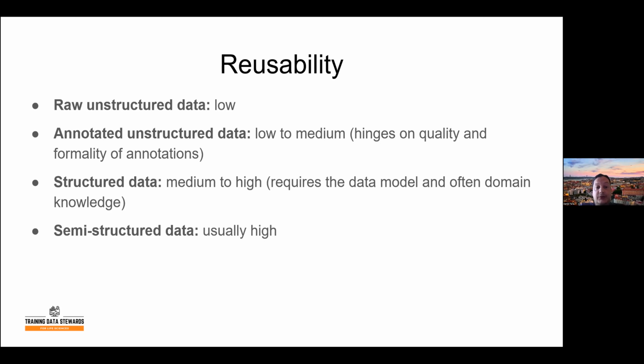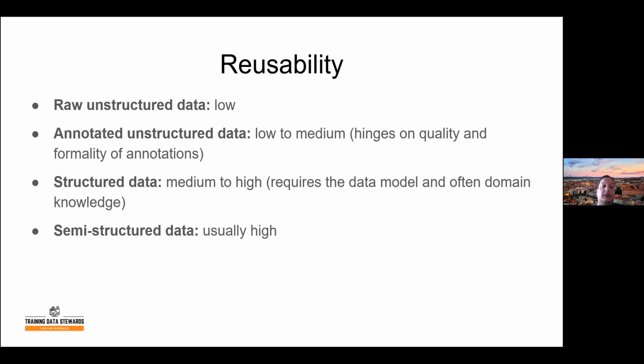When we're talking about raw unstructured data, the reusability is obviously low. Okay, so the ability to interpret natural language texts, especially if they are large documents such as research papers, is low. So we have to expend significant effort into reading the text in order to interpret.